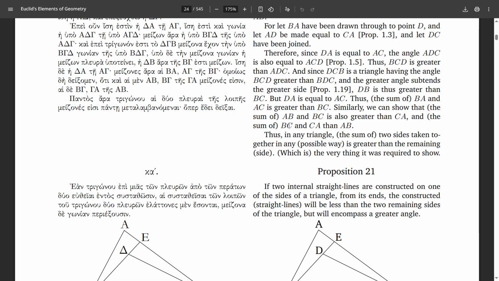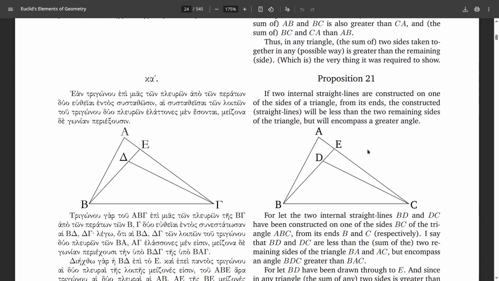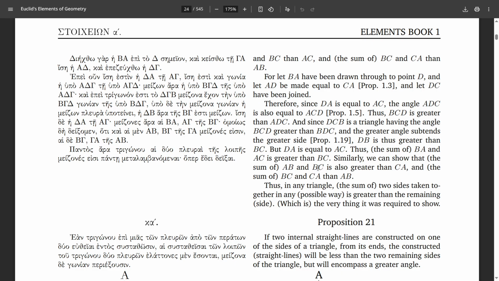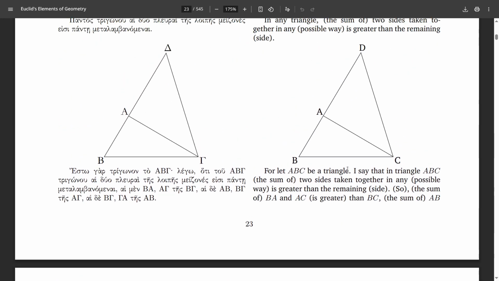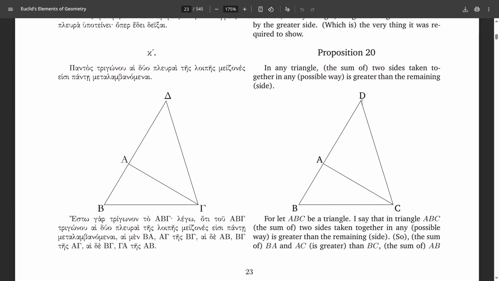And then the sum of BC and CA is also greater than AB. So yeah, this is also greater than that. These two, that and that line.